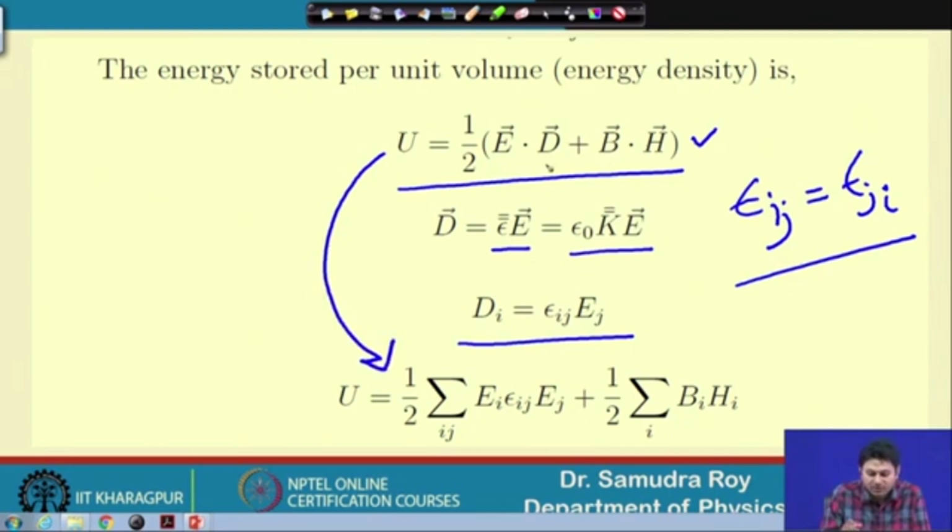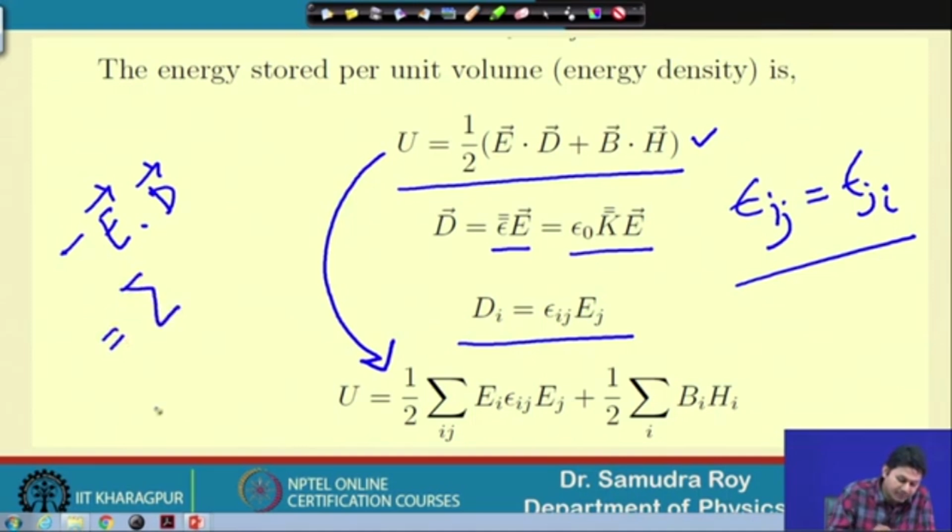If I make the dot product between E and D, it comes out to be Ex dx plus Ey dy plus Ez dz.